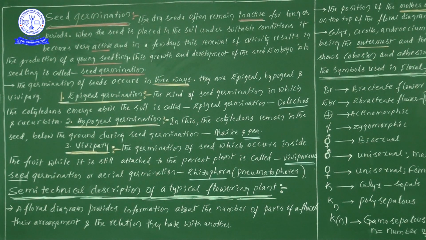If seeds are just stored, they remain inactive. But if the same seeds are placed in the soil under favorable conditions, they will be activated. In a few days, this renewal of activity results in the production of young seedlings.